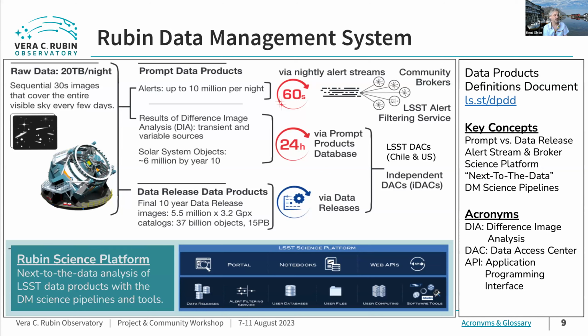For instance, the alerts through the community brokers and the filtering service, the prompt data products and the data releases, and the Rubin Science Platform, which is where most of these data products will end up being accessed, providing next to the data analysis.